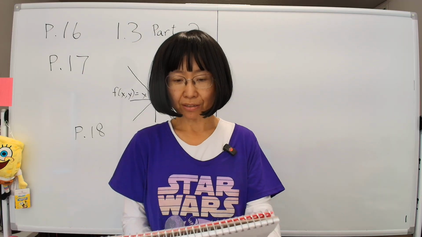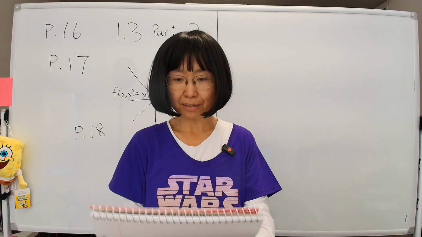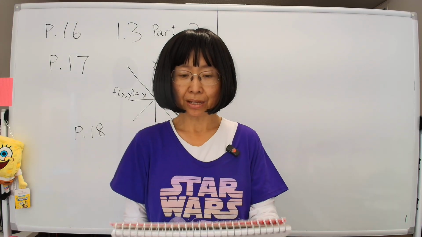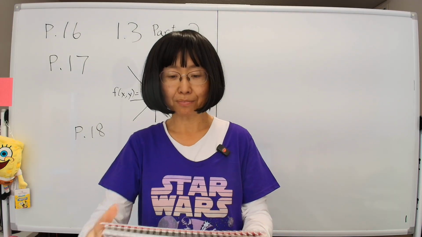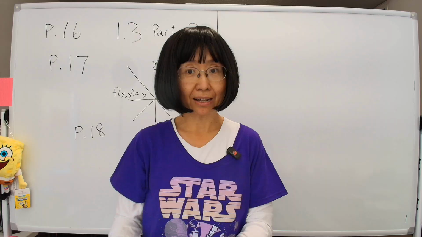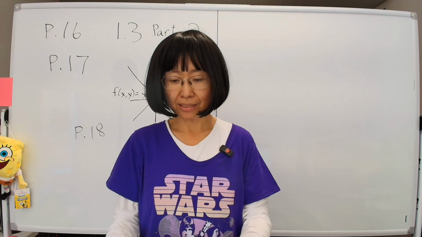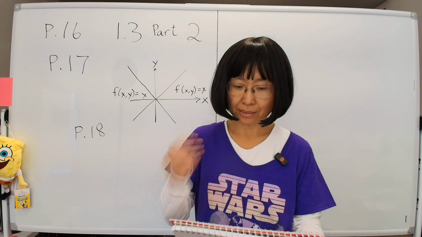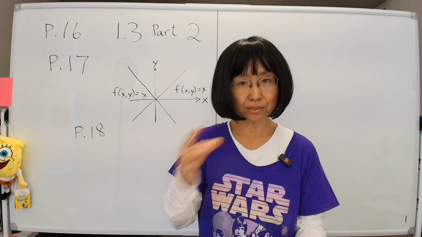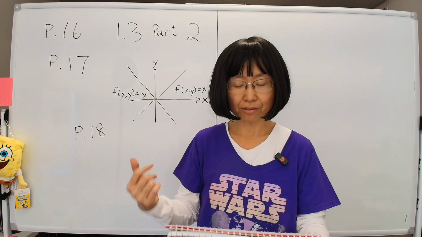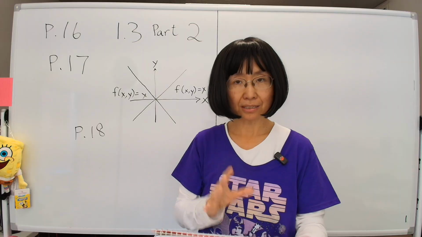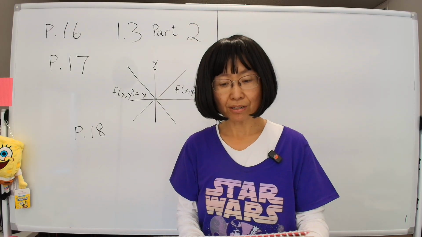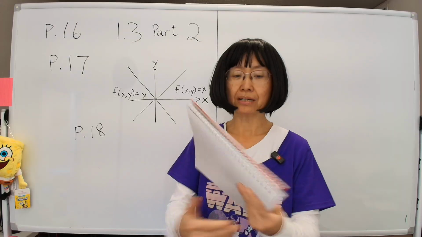The function looks decent except at the origin. That's the only place that it might have a problem, and it's the only place where it cannot be defined unless we come right out and define it, and we'll define it as 0 at the origin. As you can see, the function does approach 0 at the origin, and as a result it is continuous once we define it as 0. The question is, is it differentiable at 0? And that's what we're going to explore.